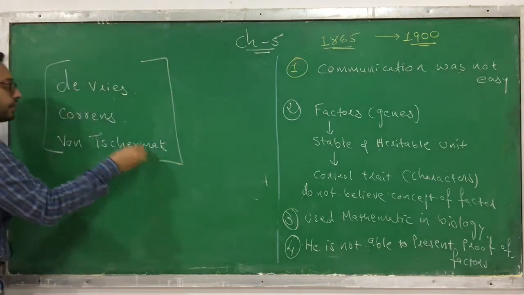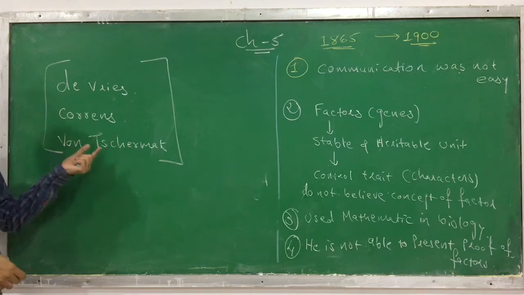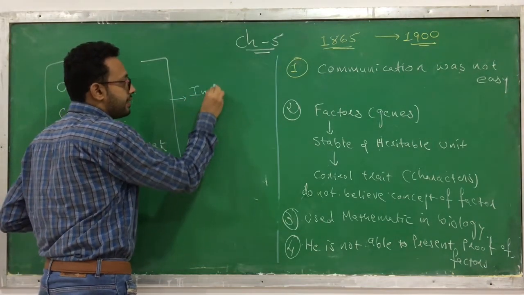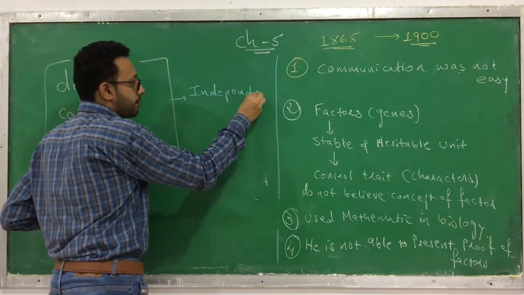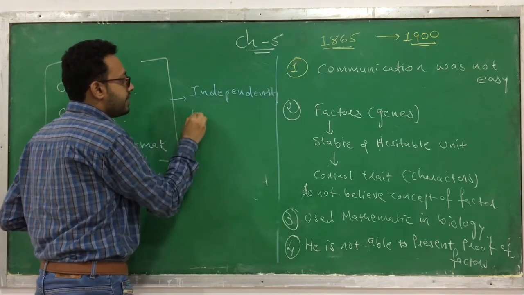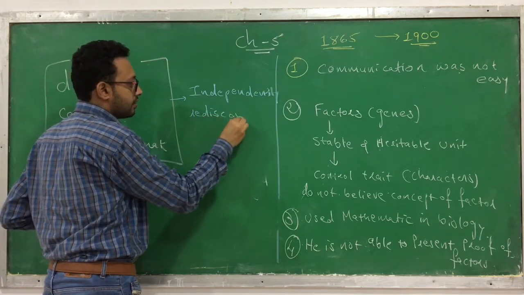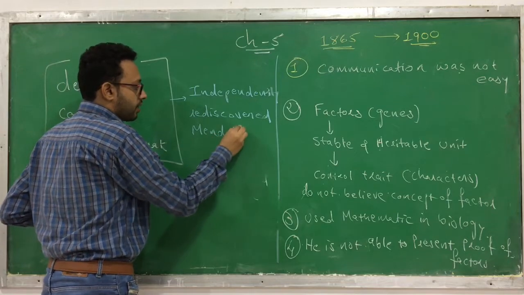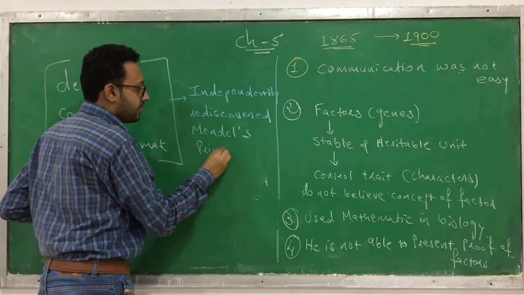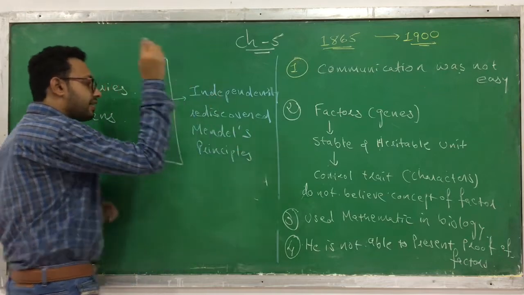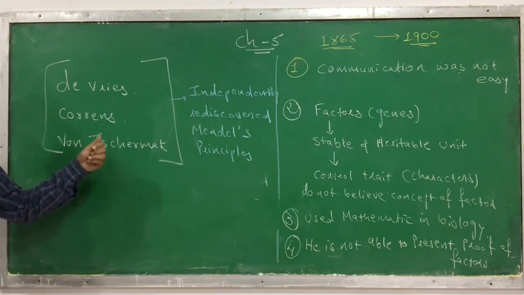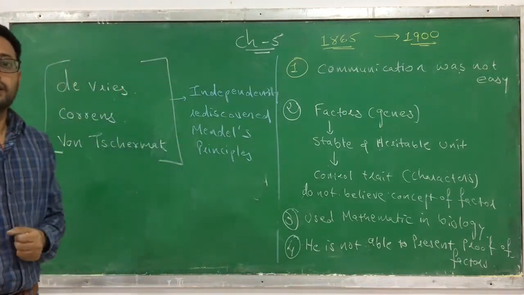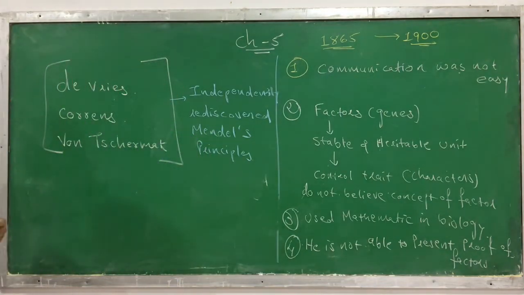Remember, in 1900, De Vries, Correns, and von Tschermak independently rediscovered Mendel's principles. Whatever Mendel had suggested, these three scientists independently rediscovered, and after that Mendel's contribution and recognition was re-evaluated.